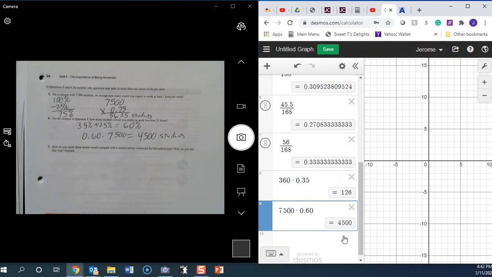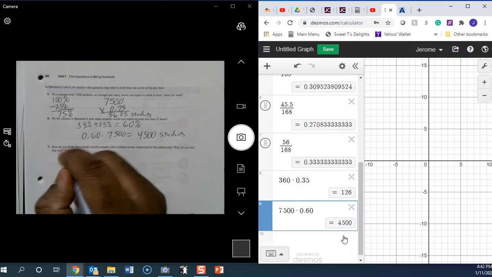Now, number 7, how do you think these results would compare with the similar survey conducted for this school year? Why do you feel that way? Now, this is not a typical school year because of the COVID that's going on.